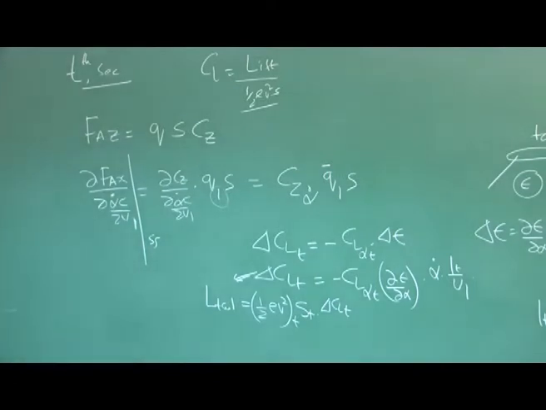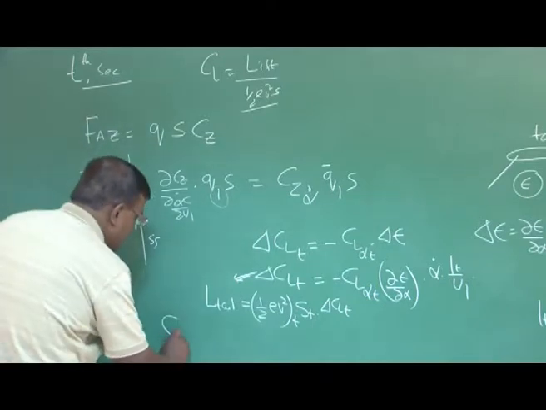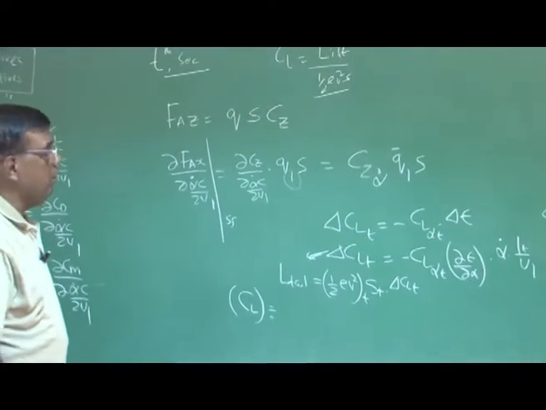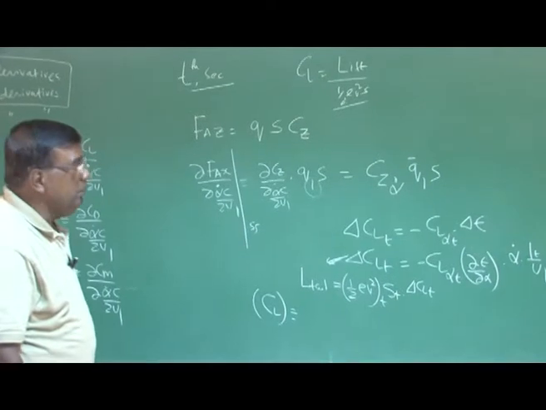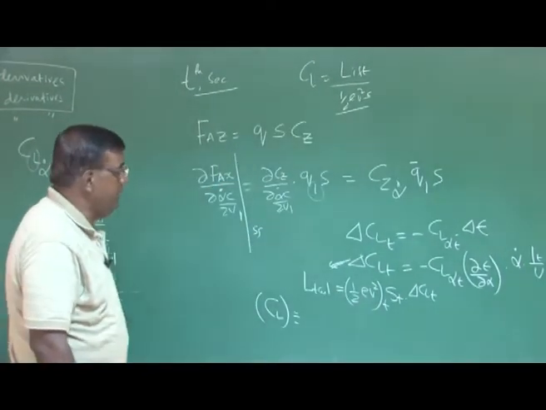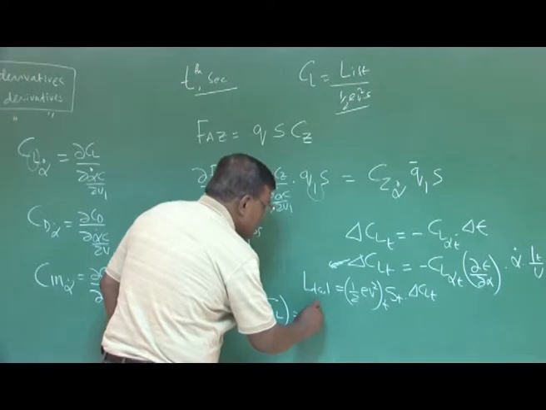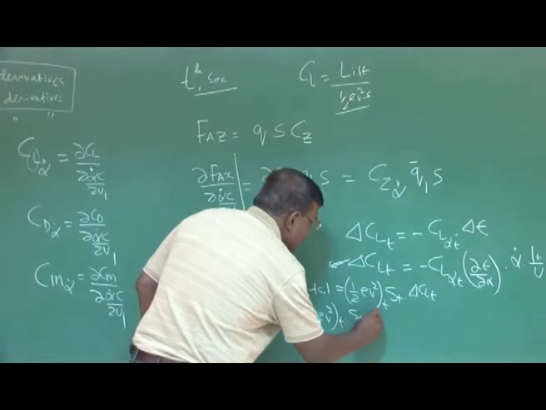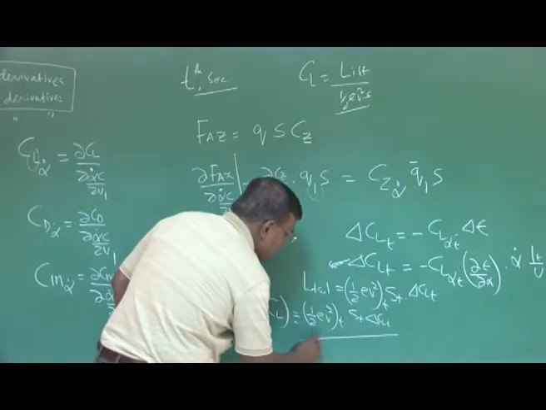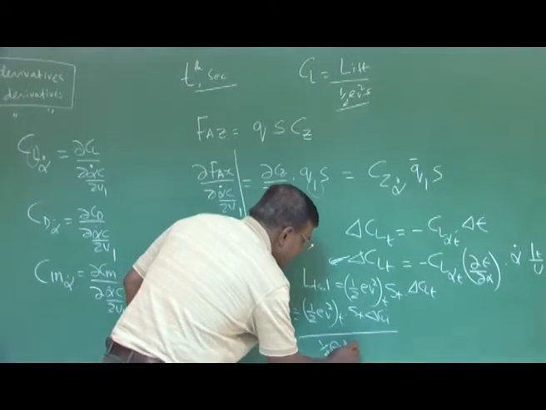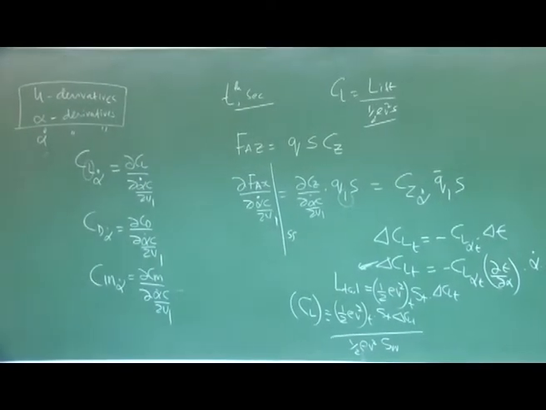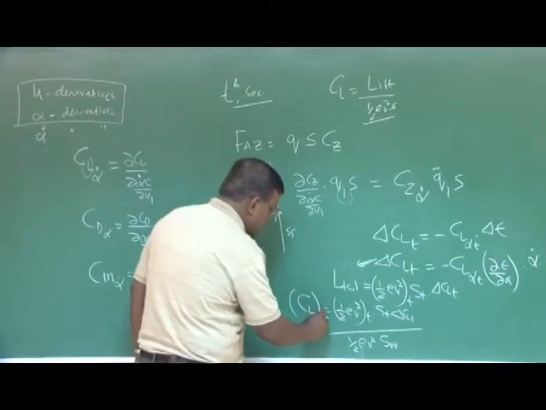But when I talk about CL based on the whole aircraft, the contribution of the tail, I have to non-dimensionalize this with respect to free stream dynamic pressure and wing area. So this will become half rho v square tail into S tail delta CLT divided by half rho v square free stream into S wing. So this is CL because of the tail.